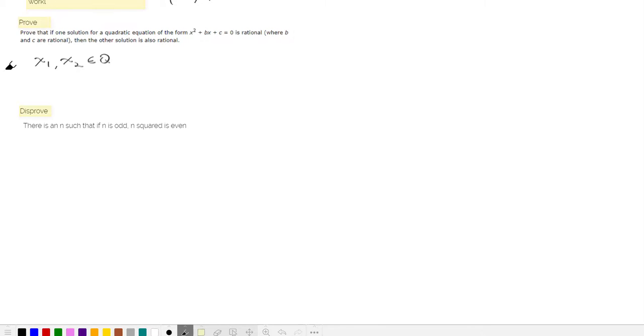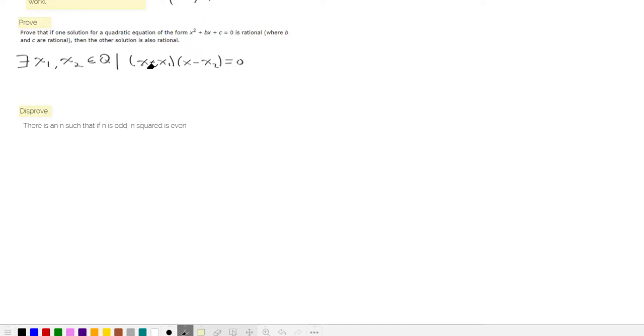I'm going to say there exists an x1 and x2 such that this product is equal to 0. Then I hope you'll agree that x1 and x2 are roots of this equation, right?